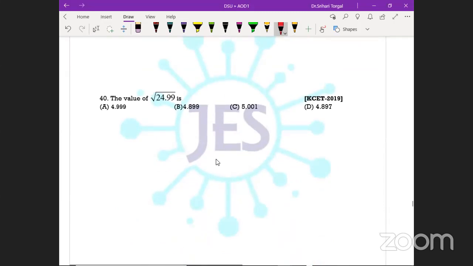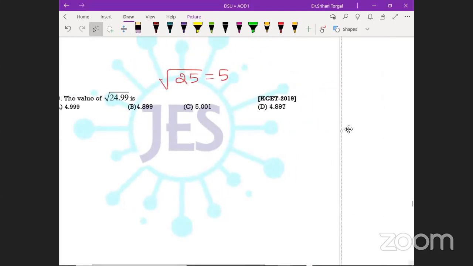What is the value of root 24.999? If it is root 25, what is the answer? 5, right? And if it is less than that, the answer must be very near to this. 2018 problem. See here, very easy.